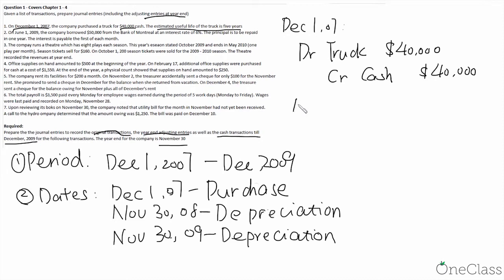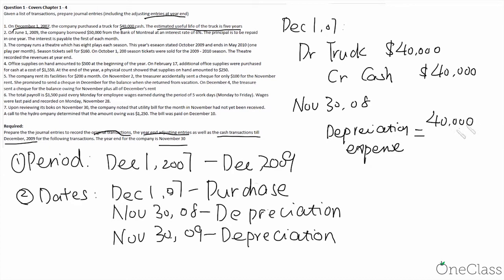And then we need to book the depreciation on November 30th, 2008. The depreciation expense per year equals $40,000 divided by its useful life, which is 5 years. So the annual depreciation expense is $8,000.